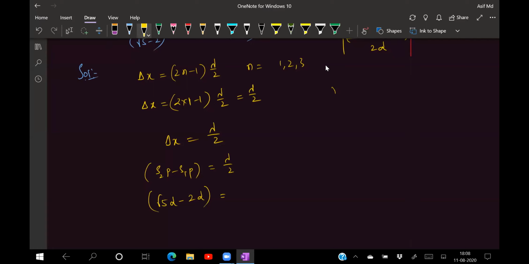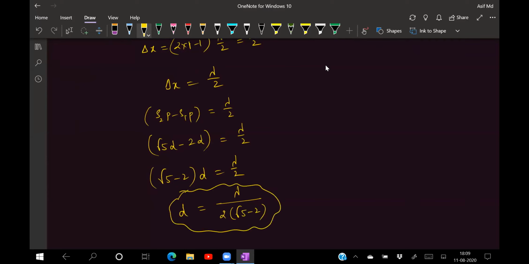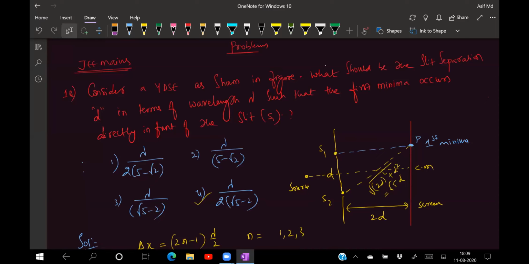D is common, so (√5 − 2) D is equal to λ/2. That means small d is equal to λ/2 × (√5 − 2)... so this is your small d in terms of wavelength λ. Which option will it be? Your fourth option. Is this question clear for everyone?